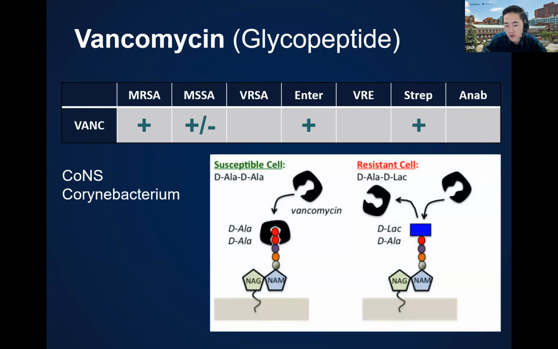And then this is sort of how it works. Basically, it binds to D-Ala-D-Ala, the last two proteins of this pentamer, and it prevents it from cross-linking with other cell wall components. And you can see here for VRE, it changes D-Ala-D-Ala to D-Ala-D-Lac, and therefore vanc can't bind.